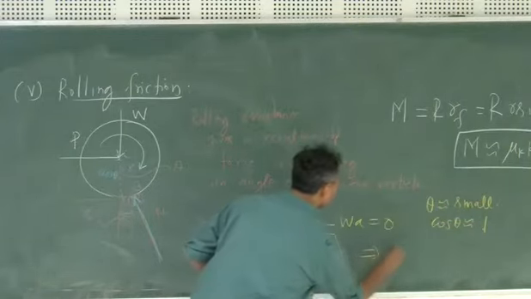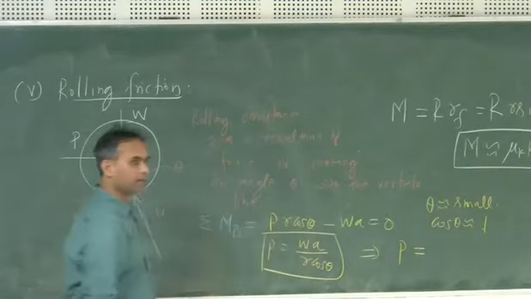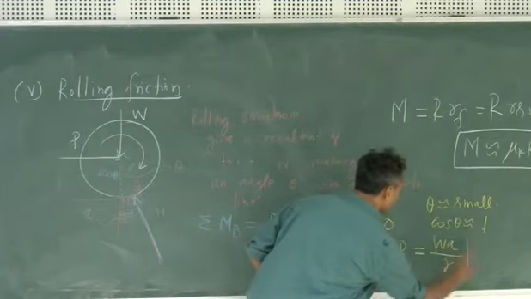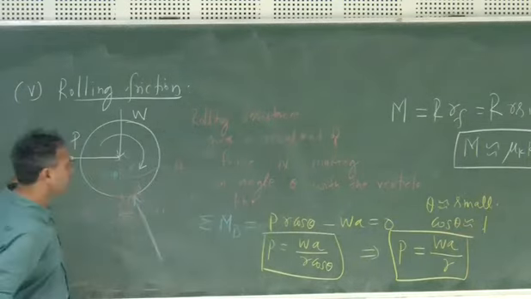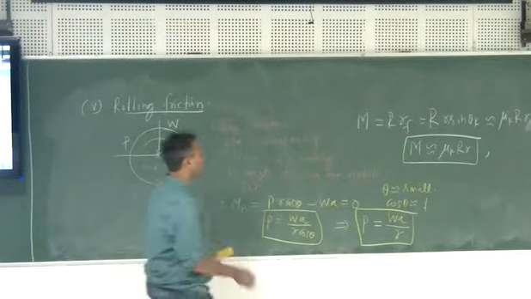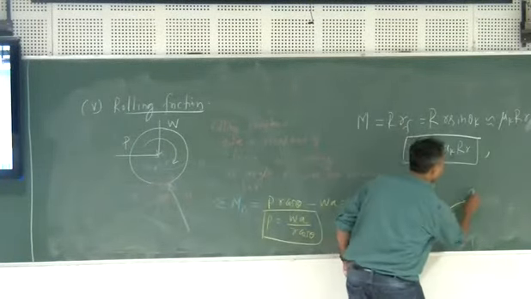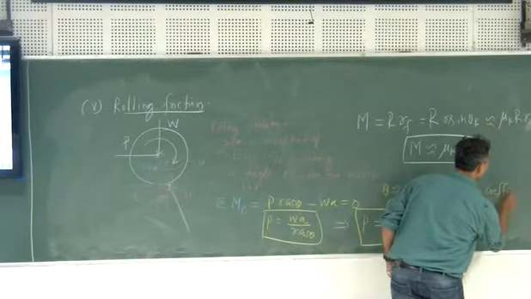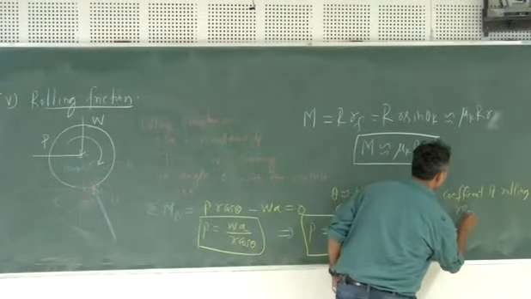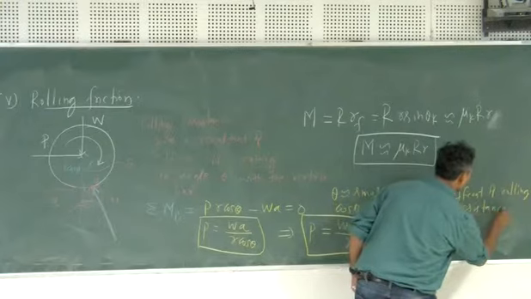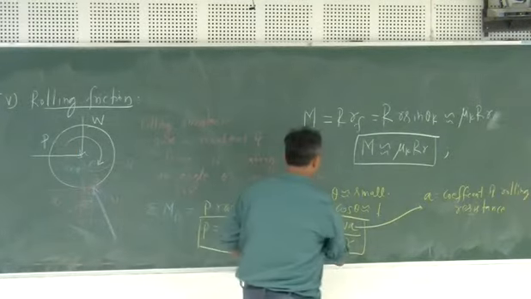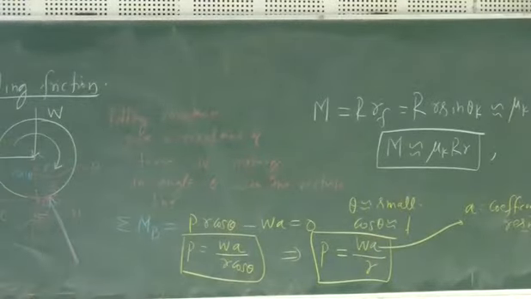So under this condition, the P required to overcome the rolling resistance is given by WA by R. Load P has to be applied to overcome the rolling resistance, and the rolling resistance is characterized by this parameter A, and A is called the coefficient of rolling resistance. This is the load which is required to overcome this rolling resistance.